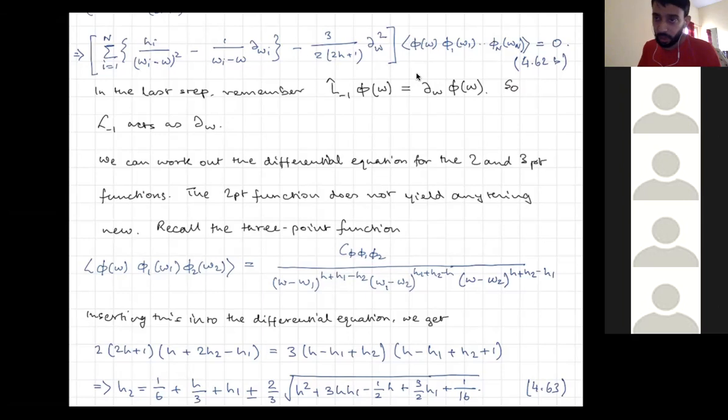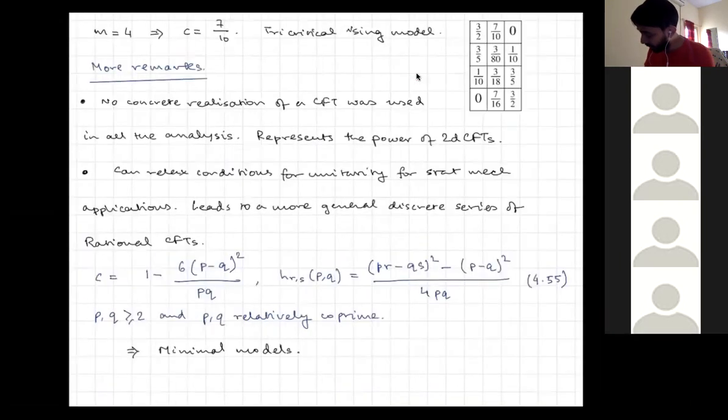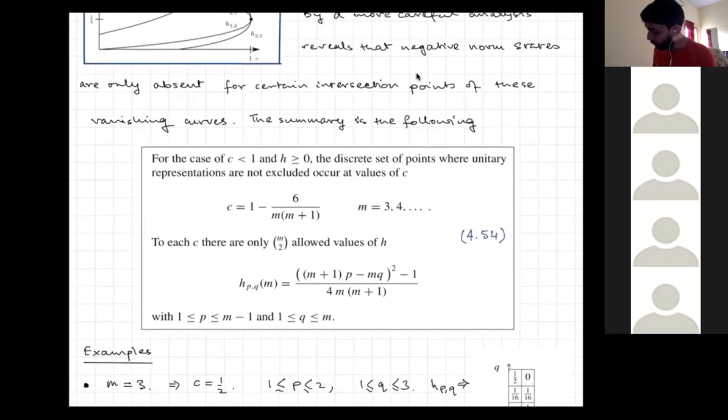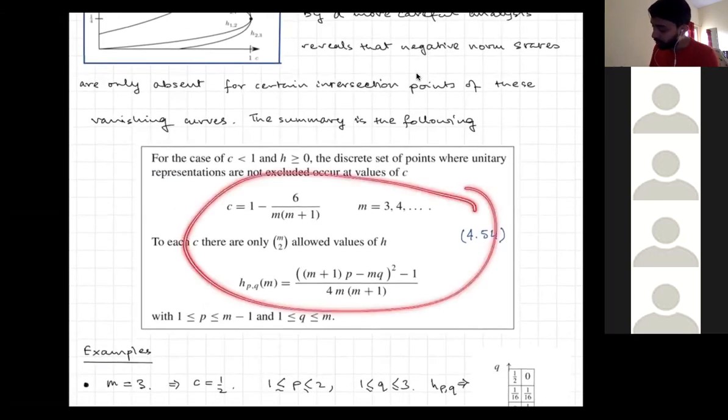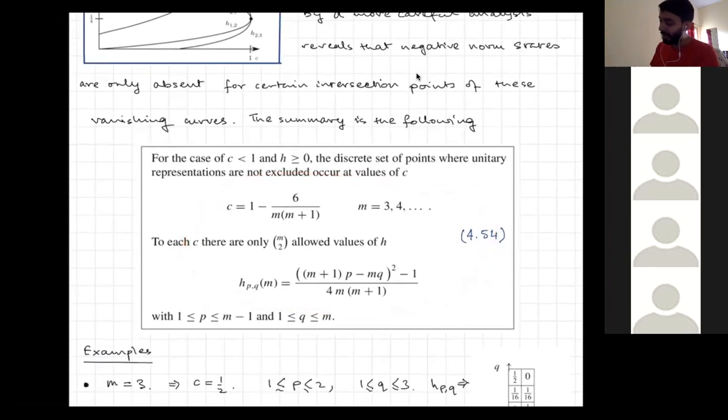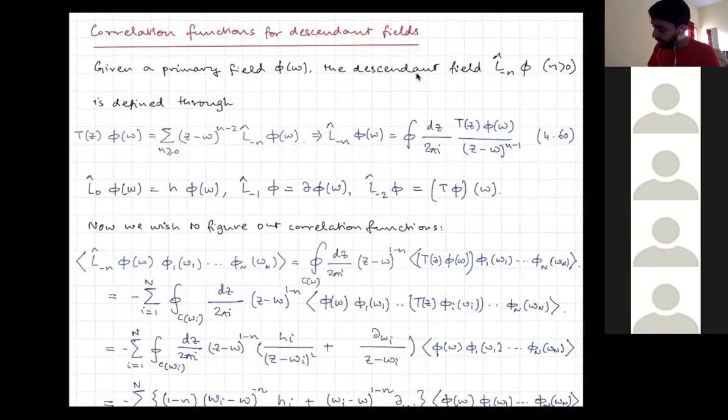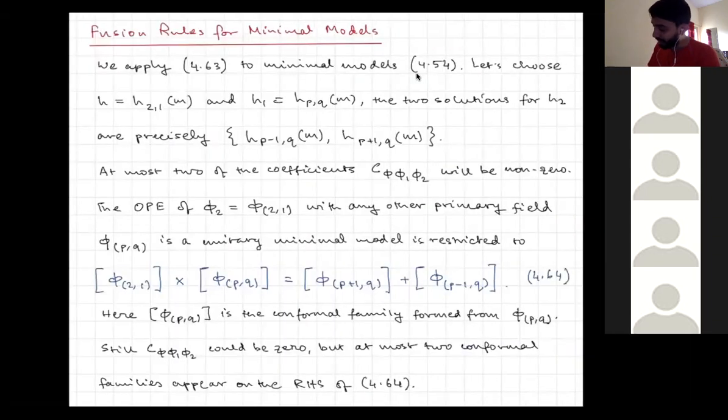What is an example of a CFT that we know that has a null state at level 2? That is all of these minimal series, right? For which we wrote down the h's in this way. So we wrote down things in this way, right? So what we do now is take h as h_{1,2}. So that's the null state at level 2.